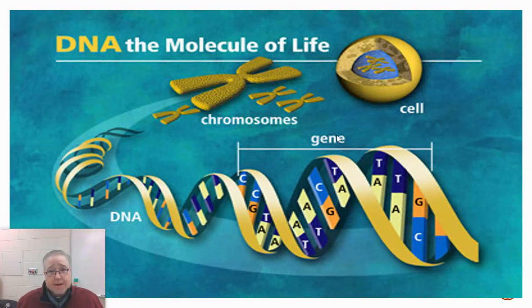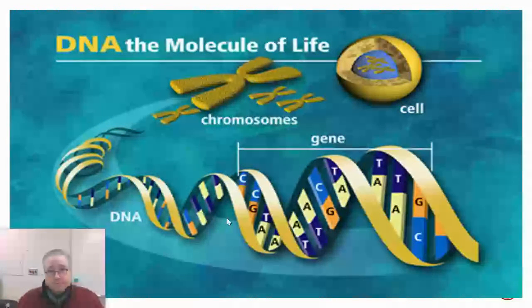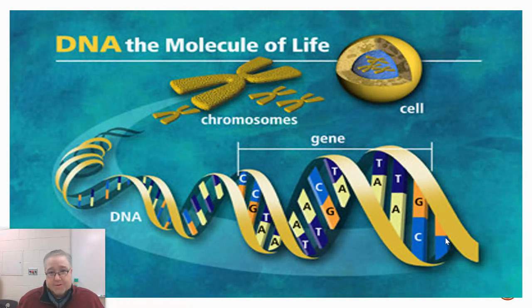Now, here's a term we haven't used yet. It's called a gene. A gene is a section of DNA that codes for a particular protein. Remember what cells do? They build proteins, but cells need the instructions to build a protein. Well, the instructions are on your DNA. All of these little letters, T and C and G and A, are codes.